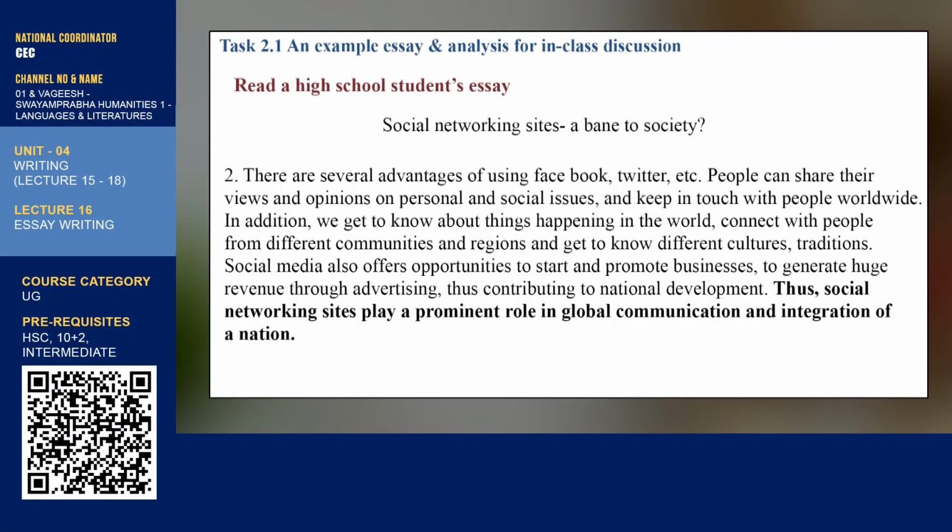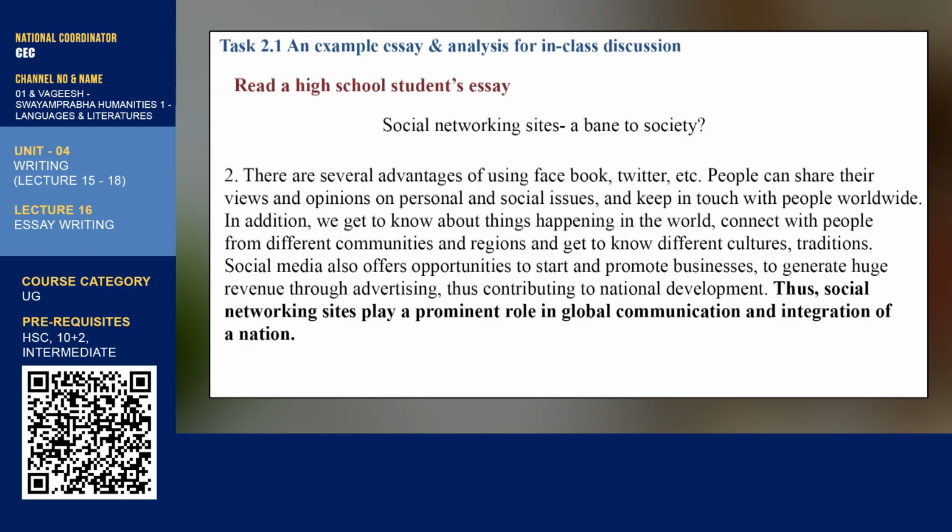Then the second paragraph talks about the advantages. There are several advantages of using Facebook, Twitter, and other networking sites. That's the first sentence in the second paragraph, obviously signaling clearly that it is all about the advantages. The writer uses almost all the points mentioned in the prompt about personal and social issues.